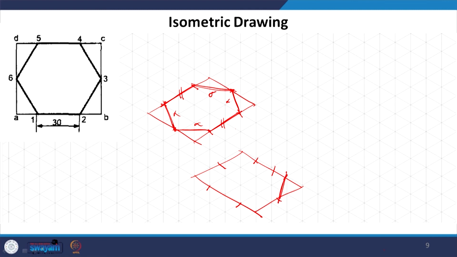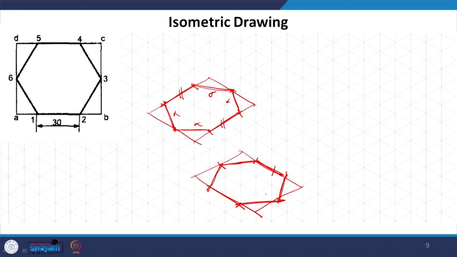So, this is how you get another hexagon. It will appear to be a regular hexagon, but if you measure the sides, they will not be equal. That is the trick of isometric drawing. You cannot measure it if it is non-isometric.